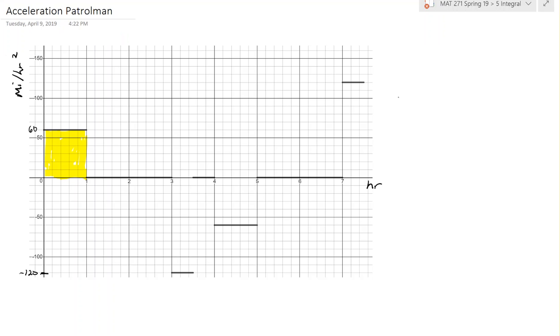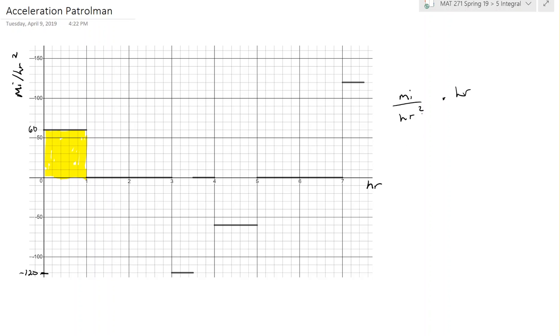The vertical axis is miles per hour squared because we are dealing here with acceleration. The horizontal axis is hours. So just think of the old length times width, because that's the scenario we have here.